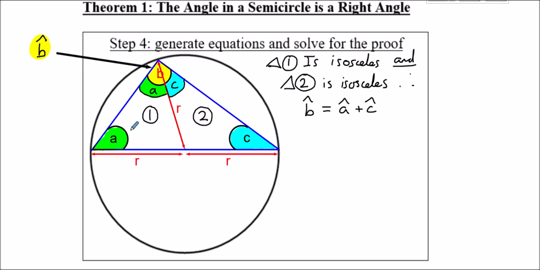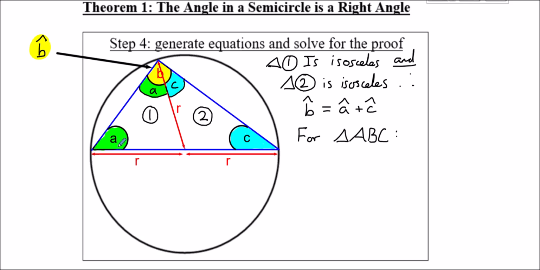We now need to consider the whole triangle. So consider the triangle ABC. For triangle ABC, obviously for any triangle we know this very well, the sum of all the angles in a triangle add up to 180.